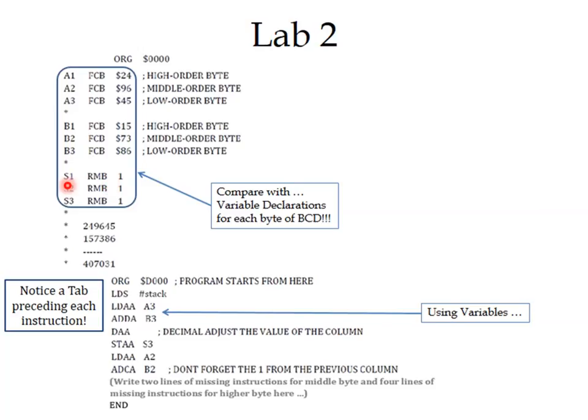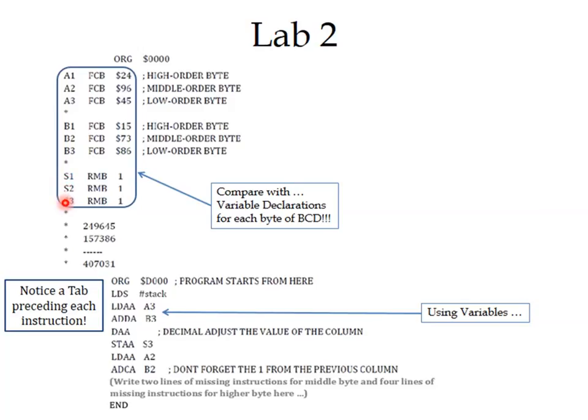Now this actually saves 1 byte for S1, 1 byte for S2, 1 byte for S3. Again, treat this S1, S2, S3 as variables. When you will have your answer ready, meaning the final sum, we'll save the higher byte in S1, middle byte in S2, lower byte in S3.